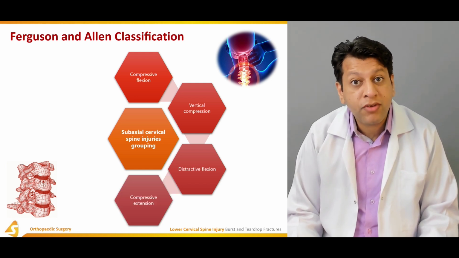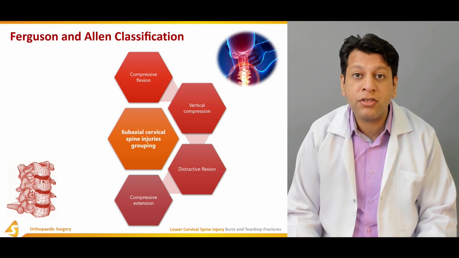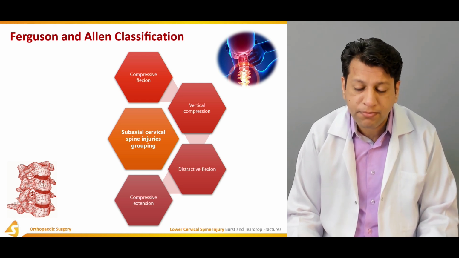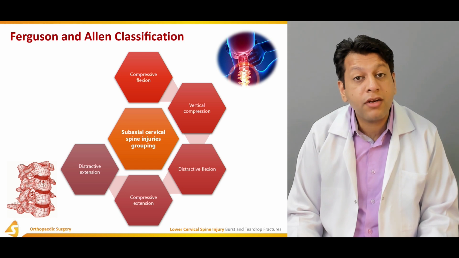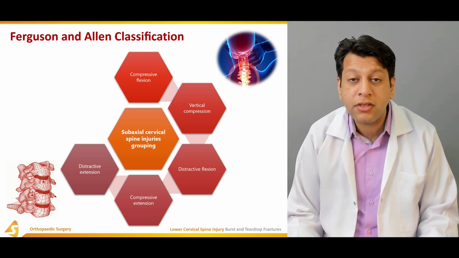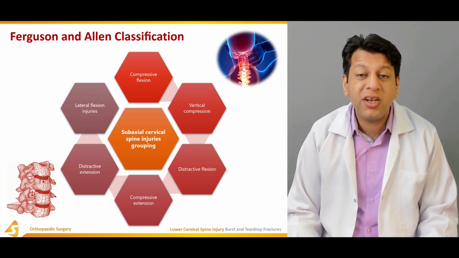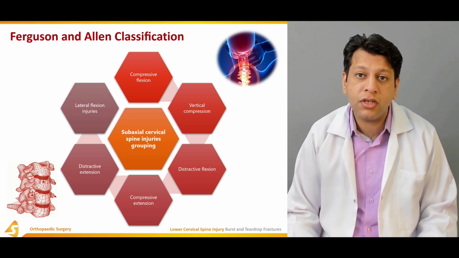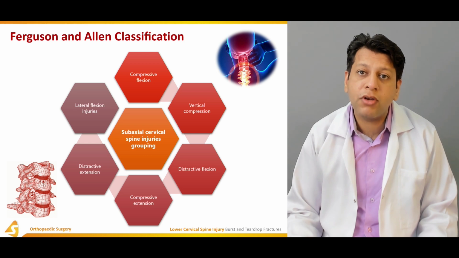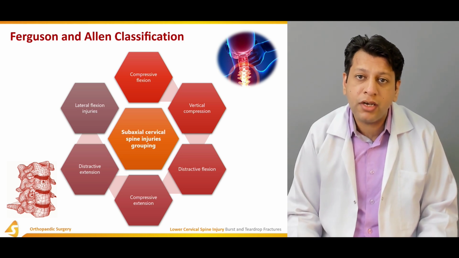It could be compressive extension, that is hyperextension with axial load. This could be distractive extension as well, in which there is hyperextension with backward translation of one vertebra over the other. Or it could be lateral flexion injuries, in which there is increased lateral flexion of one vertebra over the other, leading to vertebral body injuries.